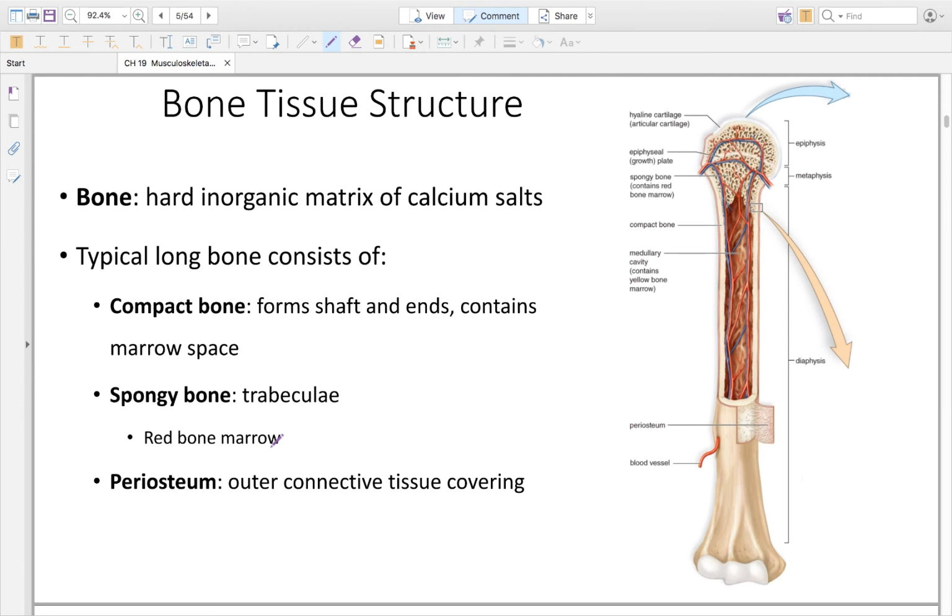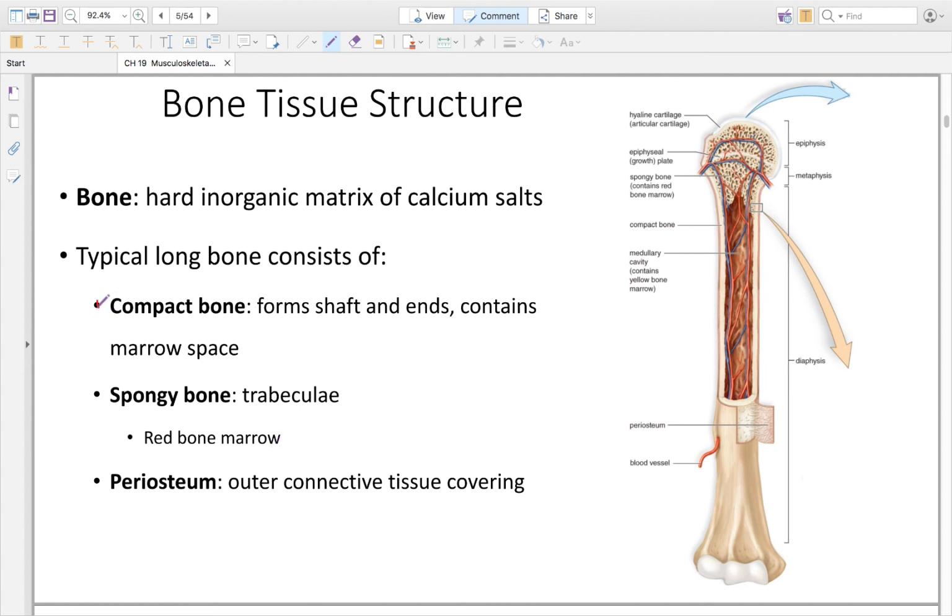Okay, so let's talk about some structural aspects. Ultimately, our hard bones are technically calcified, and we have two types of bone: compact bone and spongy bone.